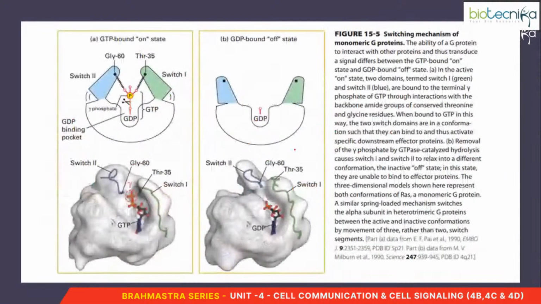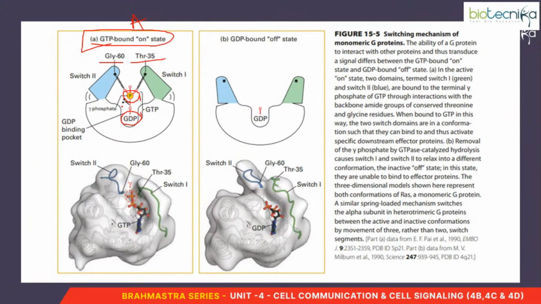Okay. Now, two things to be remembered over here. When your G protein is present in GTP bound state, we call it an active form. And in GTP, you will have GDP with a gamma phosphate. Remember, the gamma phosphate is stabilized by glycine and threonine in the two switches present on the G protein.